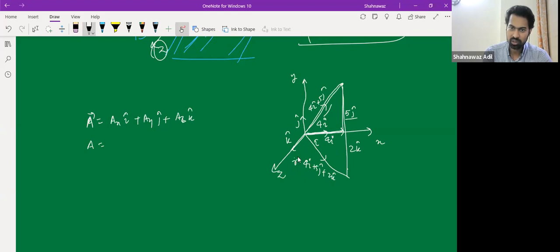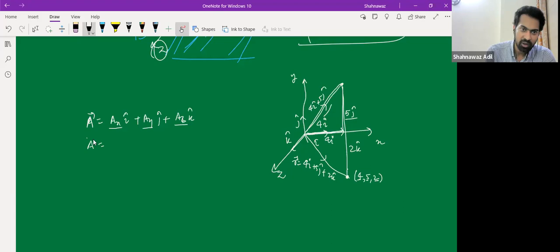Right. So this is the position vector that I am at right at current. So this position is 4, 5, 2. So it has the x component, the y component, and the z component.